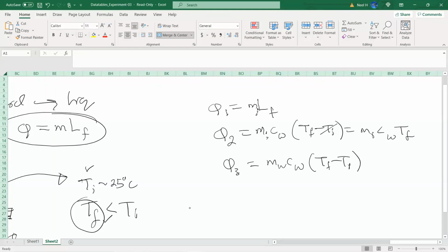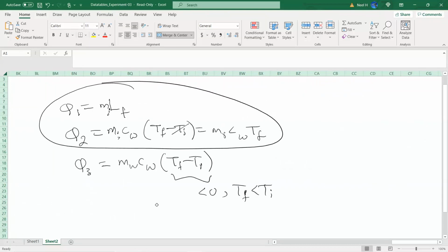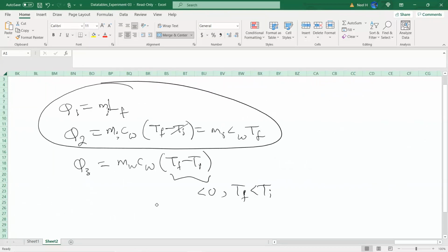Now in this case, this part is a negative value because T final is lower than T initial. These are positive values for this case. Those are absorbing heat, and this one is losing heat. The way I define it might be different from the way your chemistry professor defined heat absorbed and heat lost.